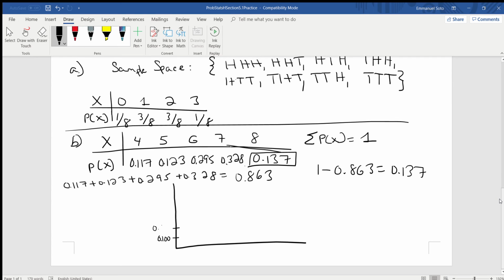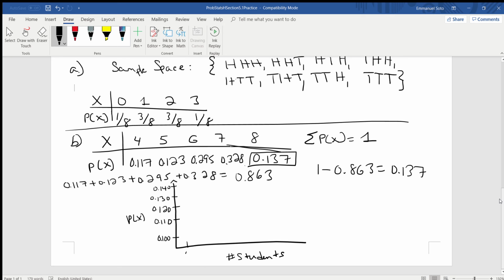Maybe go by 0.1s, something like that. Here, let me give myself some more room here. Alright, so that's a probability, and then here it was the number of students.